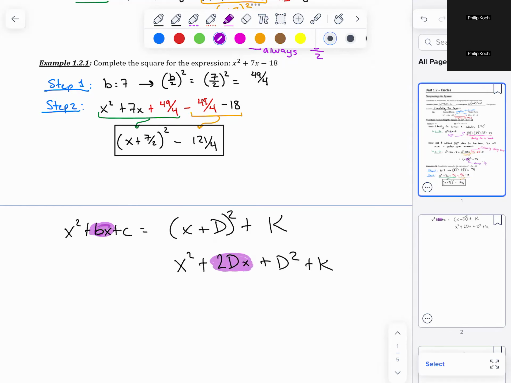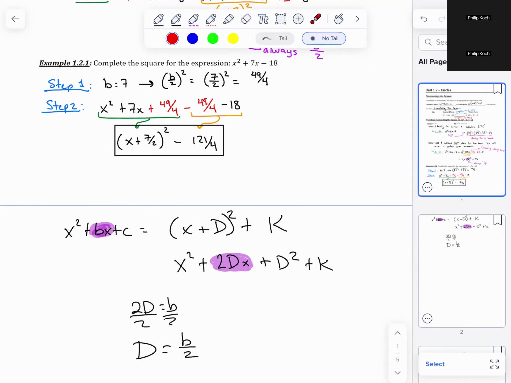It's this stuff. So in order for this to actually work out, it means that 2 capital D is equal to B. So to find out what D is, which is what we're trying to do, we just divide both sides by 2. Our D value is B divided by 2.